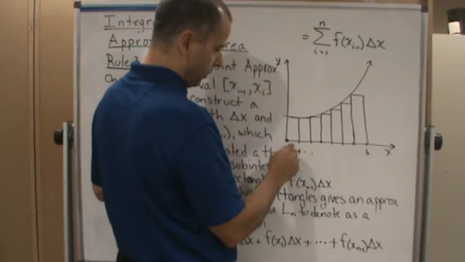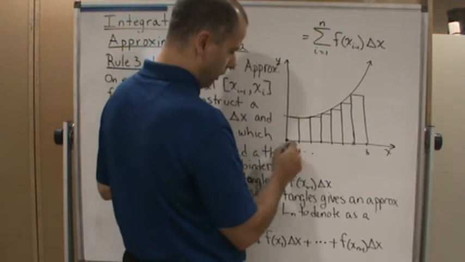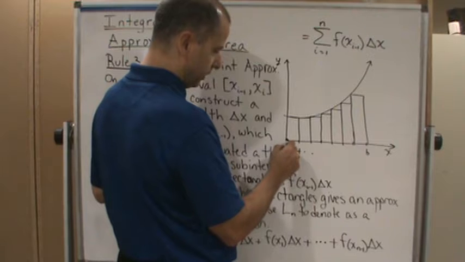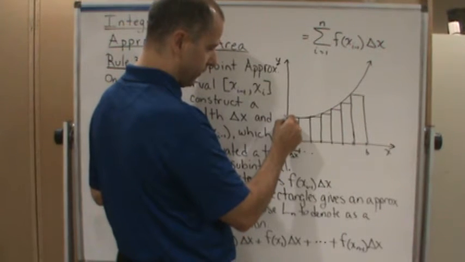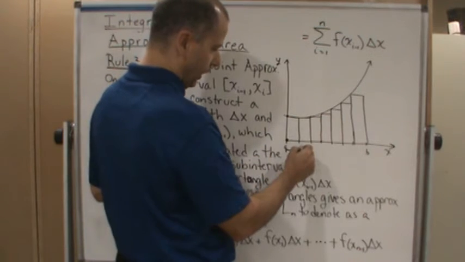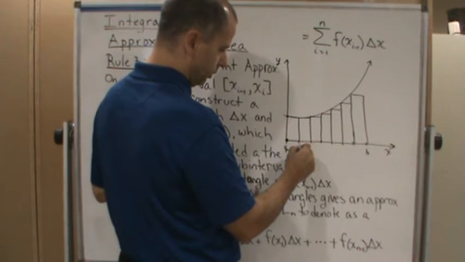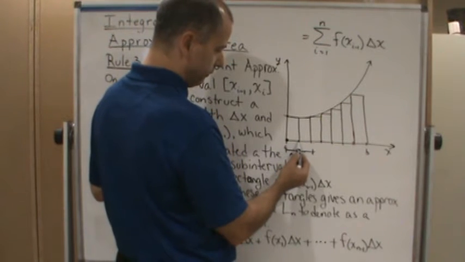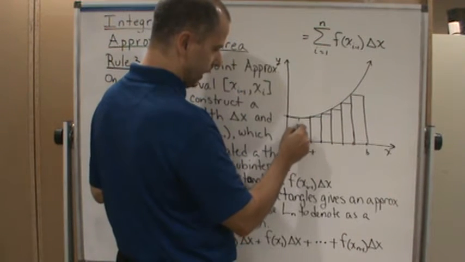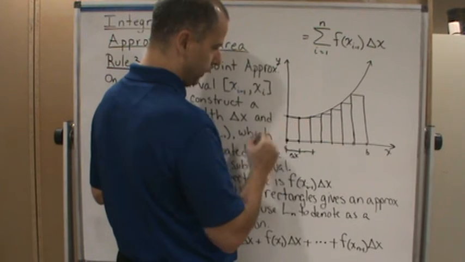So the height of the first rectangle is going to be based on where this x value is. So we're going to base it off of this height. And then the next subinterval, right here, we're going to base it off of this value, so the height of the rectangle will be there.